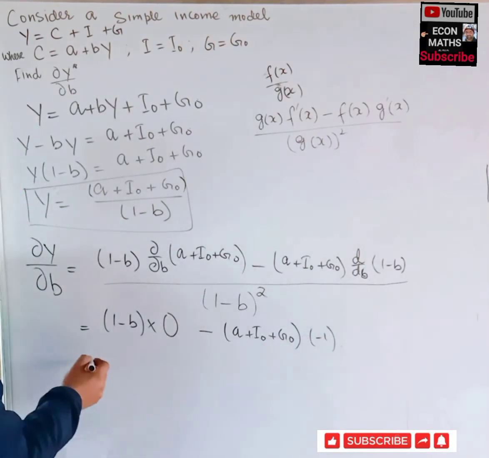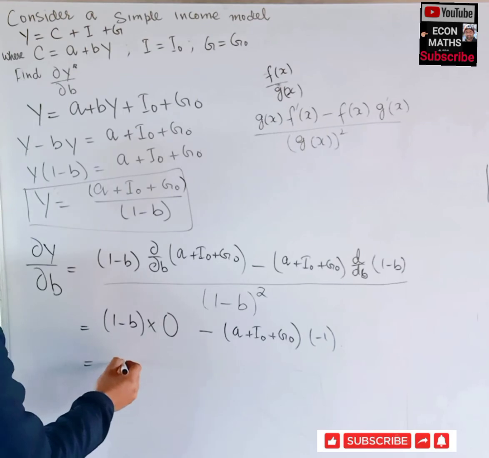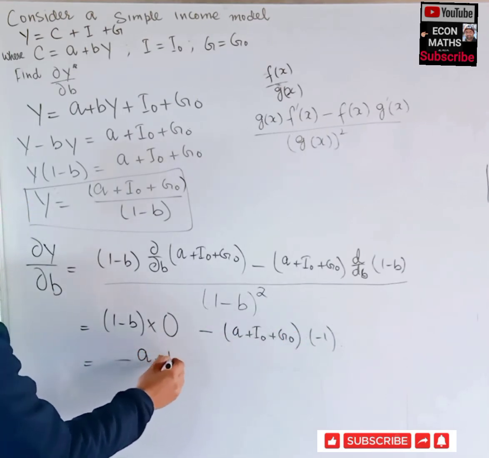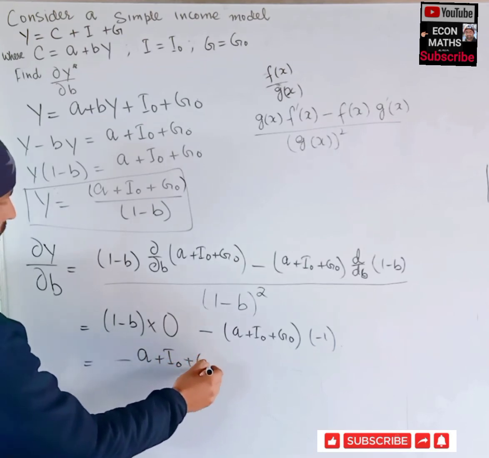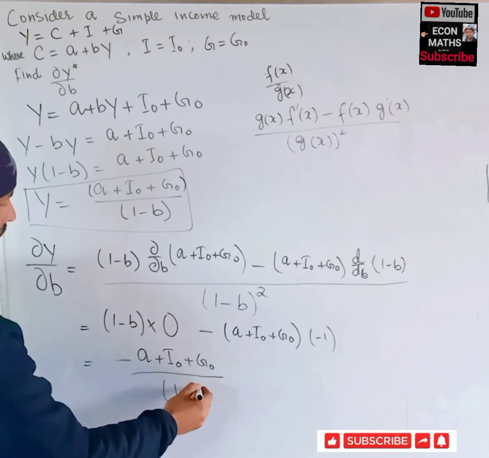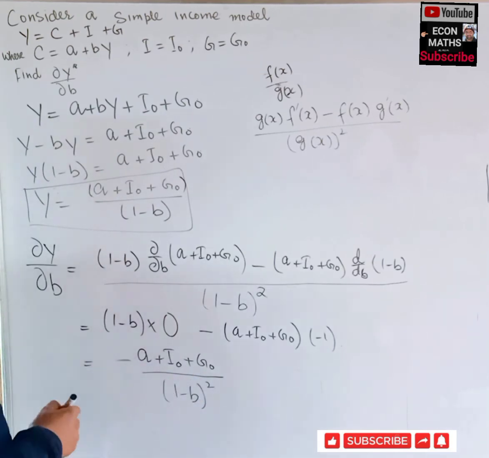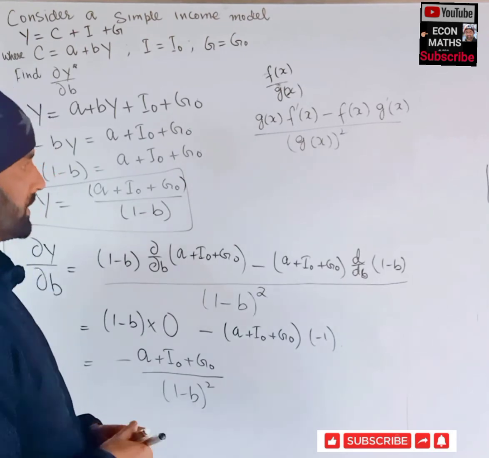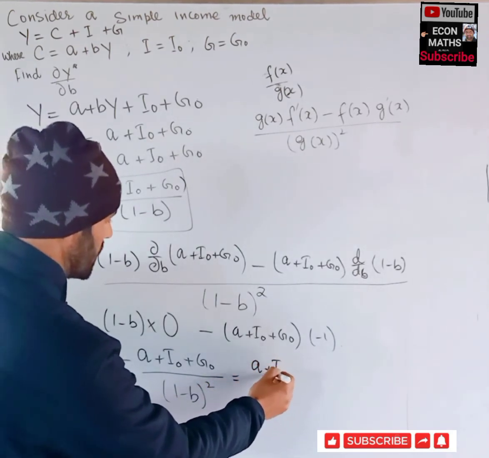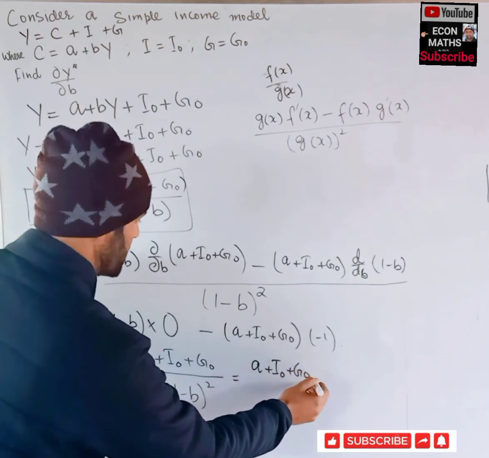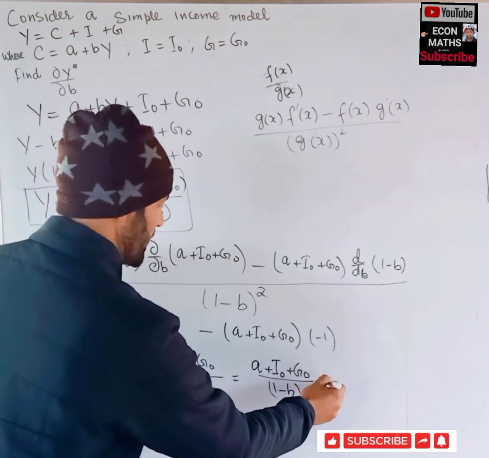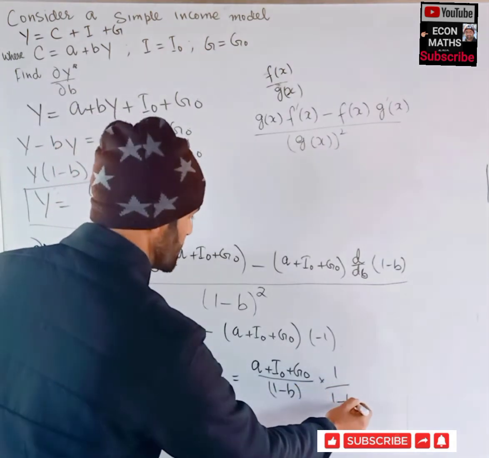What we get here: minus into minus is plus, so we get a plus I0 plus G0 divided by 1 minus b whole square. Or we can also write it as a plus I naught plus G naught divided by 1 minus b, times 1 divided by 1 minus b.